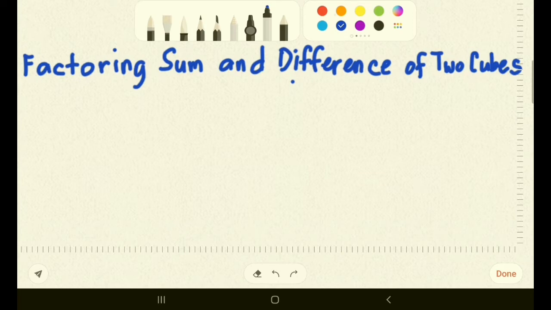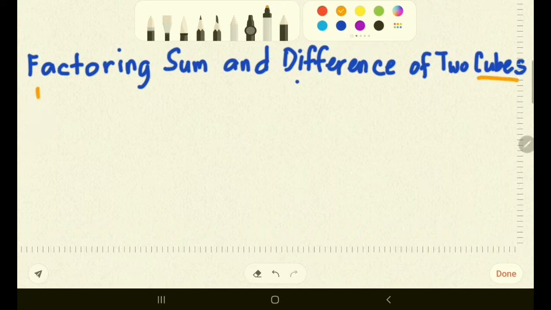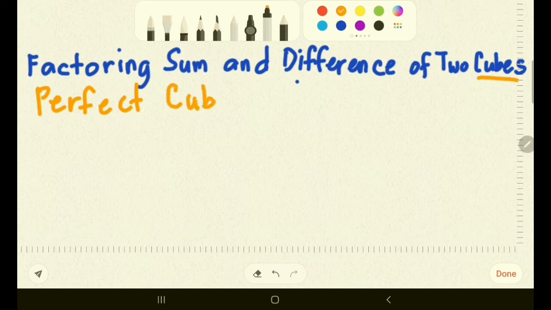But first, what do we mean by cubes or perfect cubes? Last time we reviewed perfect squares. A perfect square is any number that can be expressed to the power of 2. The same with perfect cubes, we need to express the number to the power of 3.